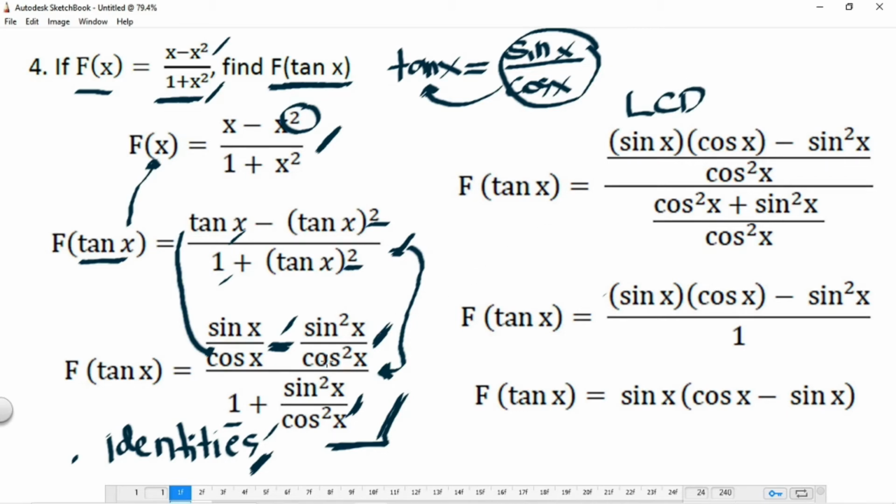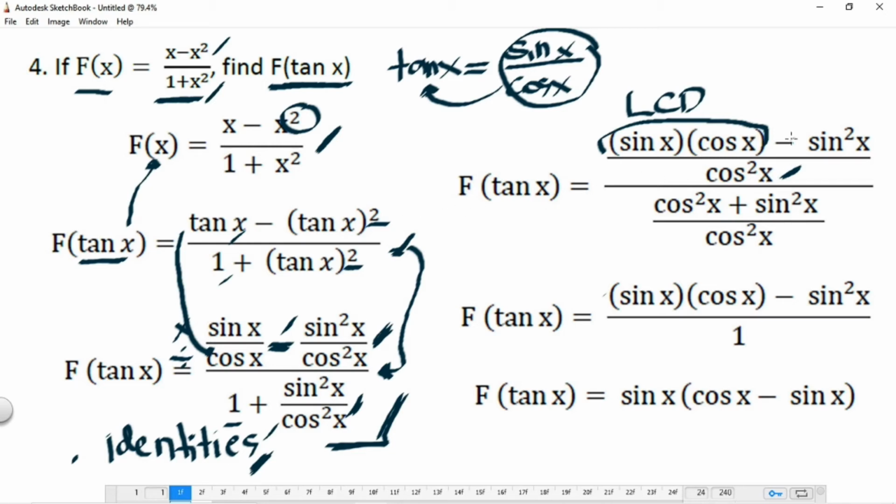The LCD of these two is cosine squared x, and then, like fractions, we divide this cosine squared x by cosine of x and multiply by sine of x, leading to this expression, sine of x times cosine of x.